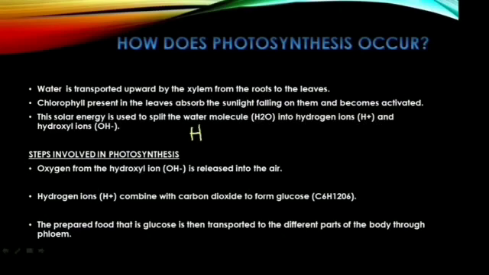Water is one of the raw materials for photosynthesis. Remember, children. So the chlorophyll, using the solar energy, splits the water molecule into H plus ions and OH minus ions, that is hydrogen ions and hydroxyl ions.